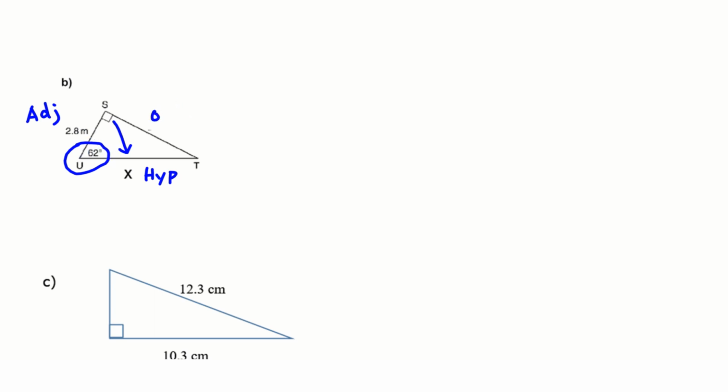Then whatever is left is opposite. Then we are going to write the ratios out. Sine equals opposite over hypotenuse, cosine is adjacent over hypotenuse, and tangent equals opposite over adjacent. Soh Cah Toa.